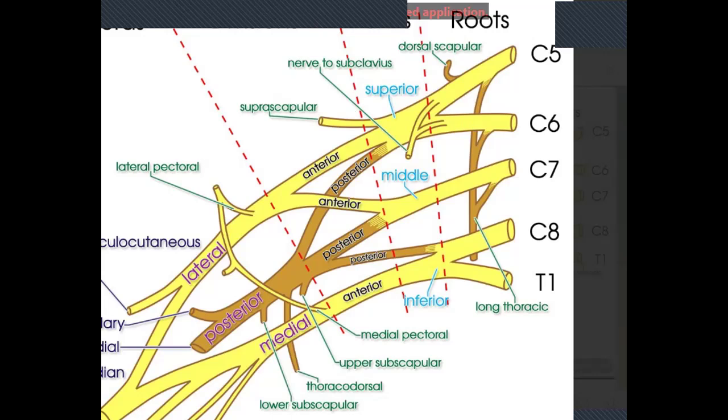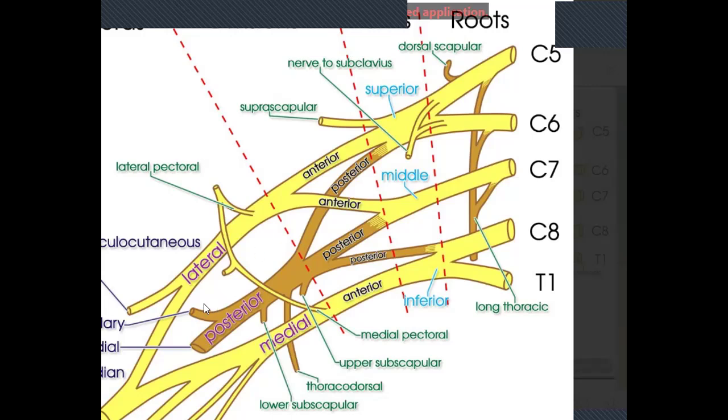And the cords, lateral, medial, and posterior, are named as per their relation with the axillary artery. Altogether, the brachial plexus causes the formation of 15 nerves.